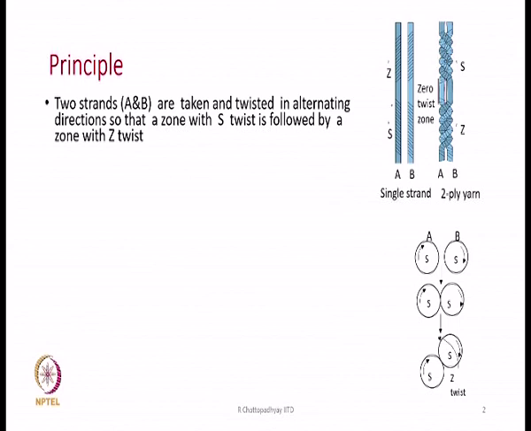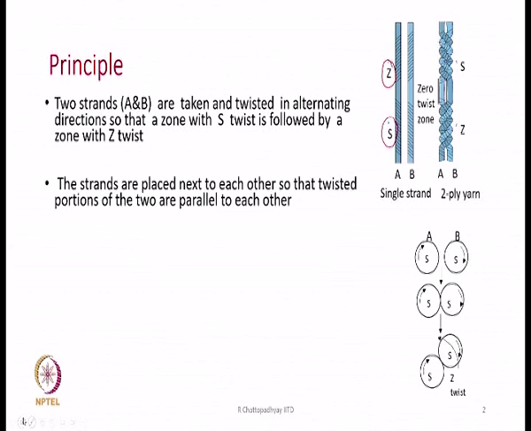That is, part of the yarn is having S twist and then it is getting Z twisted. Similarly, the strand B also is getting S twisted in some portions followed by Z twisted portions. So, both the yarns A and B having twist in alternative directions S Z, S Z, like that.